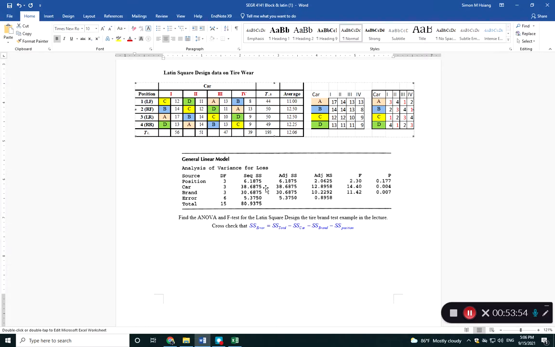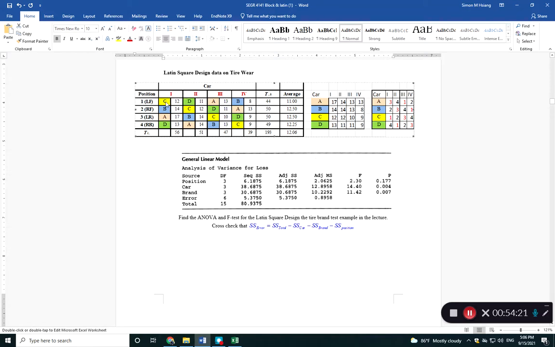Everybody gets a chance to be mounted in left front, left back, right front, right back. So I have 4 positions I can use. So as such, I can have positions left front, left rear, right rear, and then I can have 4 different cars.